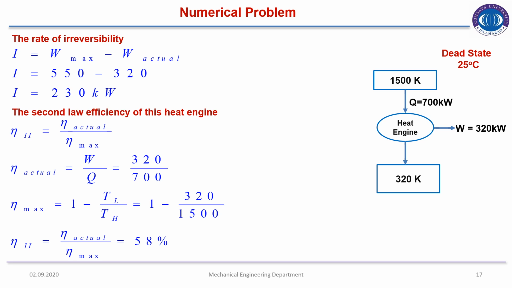So 1 minus 320 over 1500 is the efficiency of Carnot heat engine. When we divide both these efficiencies, actual efficiency 320 divided by 700 and maximum efficiency, 1 minus 320 over 1500, then the second law efficiency came out to be 58%.